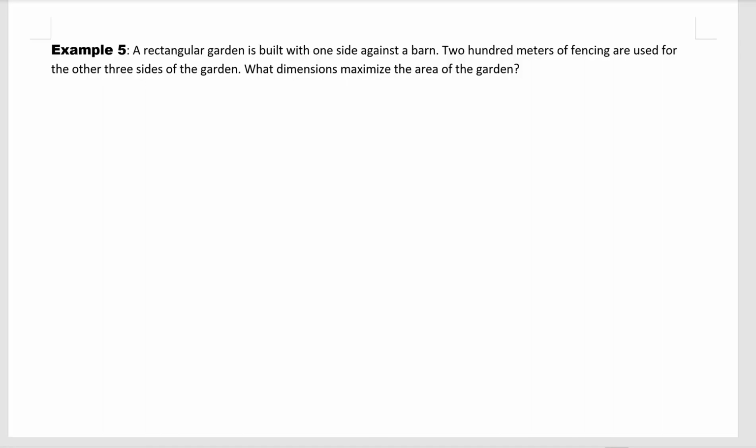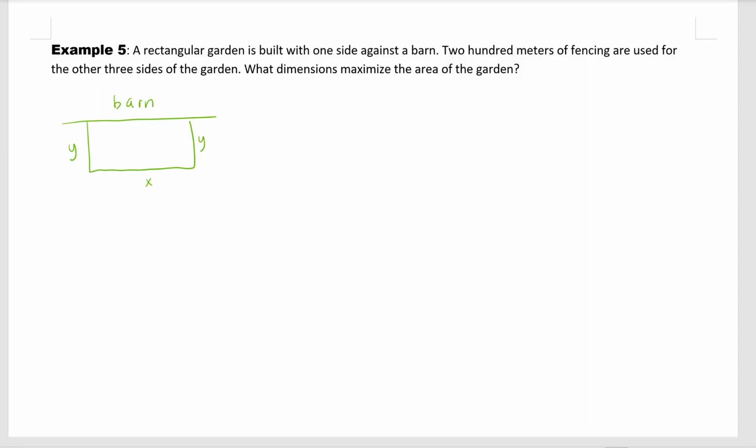So we have one side is the barn, and we just need to build the other 3 sides. So it's a rectangular garden, and let's say this is y, this is y, this is x. So this is how we set it up.